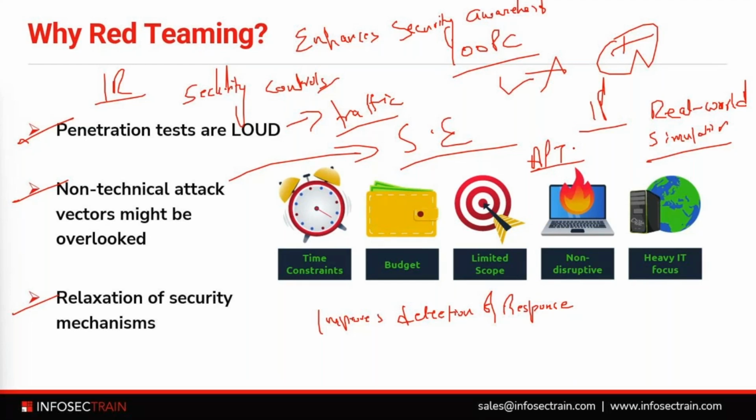A grey hat hacker is the person who will not ask for permission to do the attack. In red team assessment, we ask for permission. Once the organization gives you the permission, then you start doing the attack. But you will not have any information about the target organization.